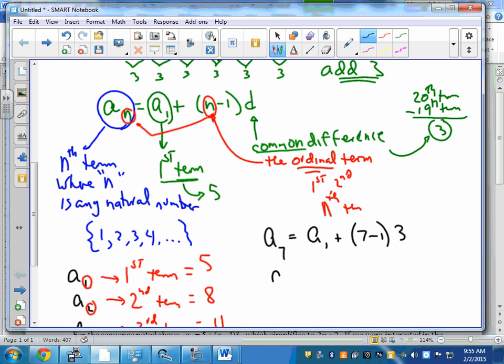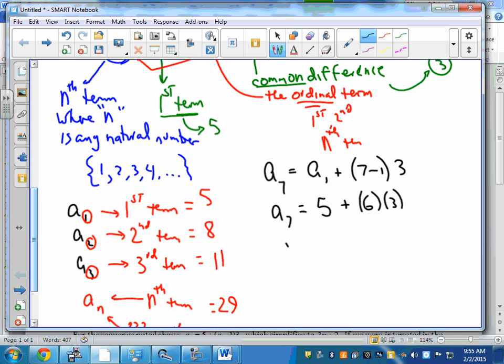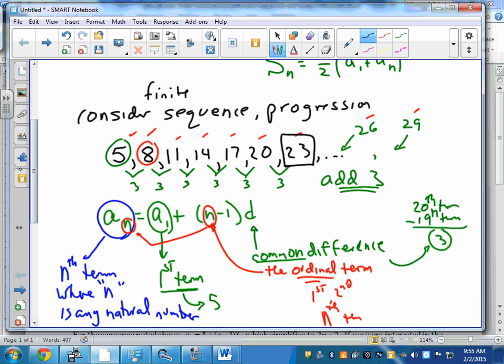Let's see, so a sub 7, the first term was 5. 7 minus 1 is 6 times 3. Okay, so a sub 7, 7 plus 18, which is 25. Okay, 25. Oops.